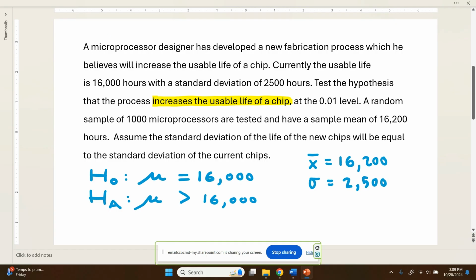And how many microprocessors did they use? 1,000. So we also have our sample size there. And finally, they want us to use a significance level of 0.01. So we have quite a bit going on there, and I'd like to get this into Rguroo and get things like a test statistic, a p-value, the probability, and so forth. So let's head on over.